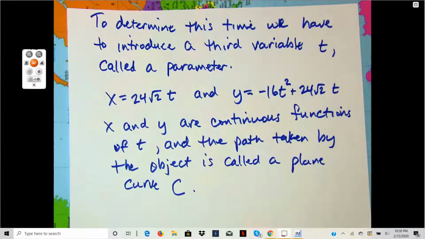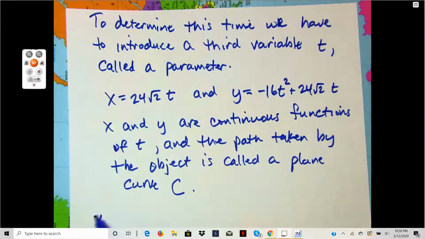Then we're able to take that function in two variables and rewrite it in terms of x with respect to t and y with respect to t. The actual graph is going to be exactly the same, so I will show you that in a minute. The path that the object has taken is called the plane curve C.